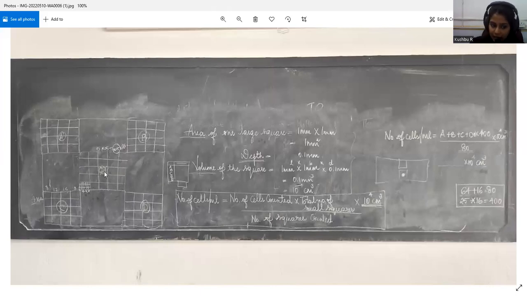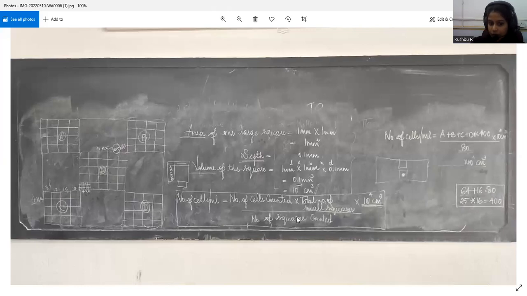64 plus another 16. Each large square is divided into a further 16 squares, so the center square is going to be another 16. So 16 plus 16 plus 16 plus 16 is 64, plus another 16, so 64 plus 16 is going to be your 80.